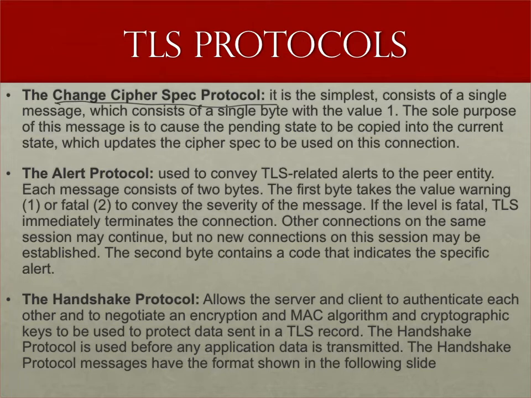Fatal error is like, this connection needs to be stopped immediately because there might be some replay attack or some breach of the connection somehow. So if the level is fatal, the current connection gets stopped immediately.